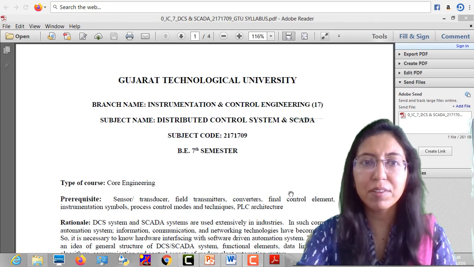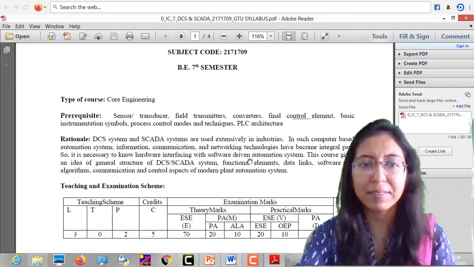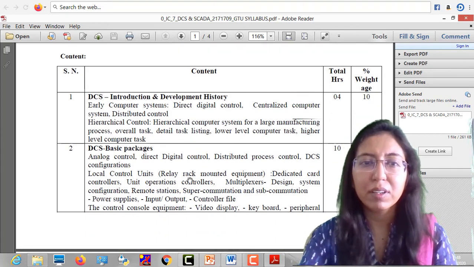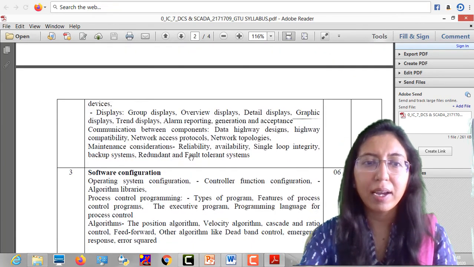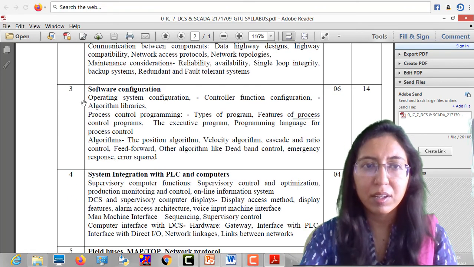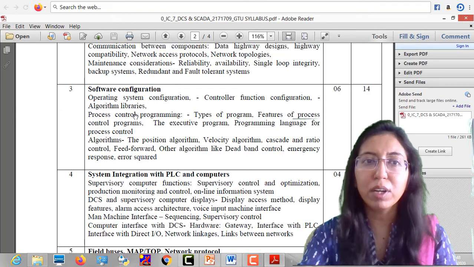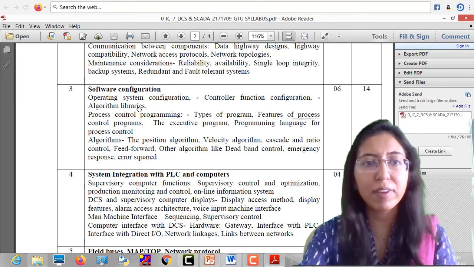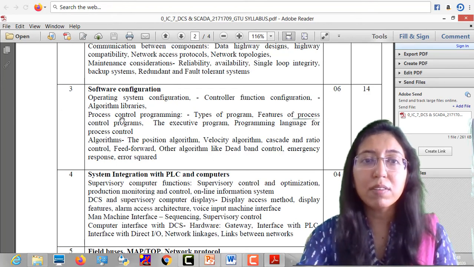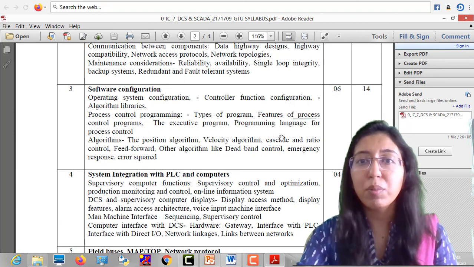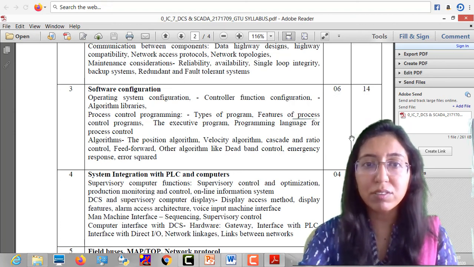Let's see the syllabus of DCS and SCADA. We have completed chapter 1, chapter 2 and chapter 3: operating system configuration, controller function configuration and algorithm libraries. Process control programming, the types of programming, and then process control program languages we have discussed.